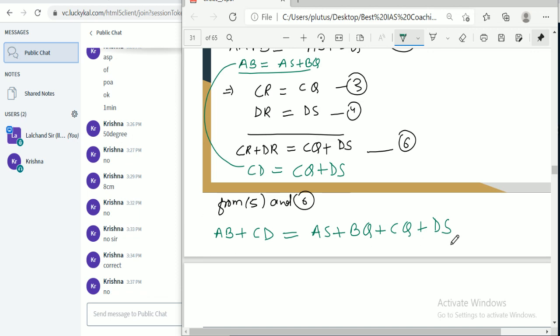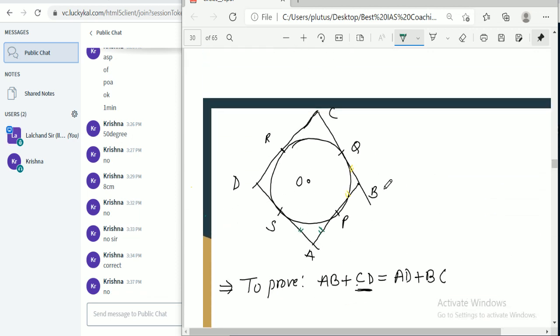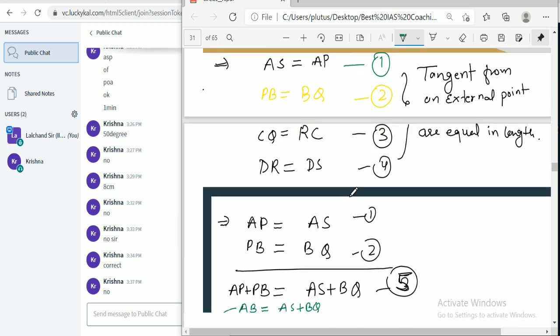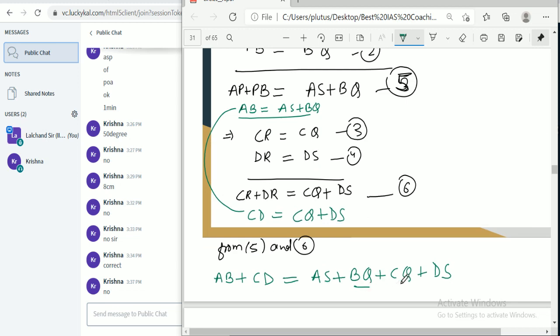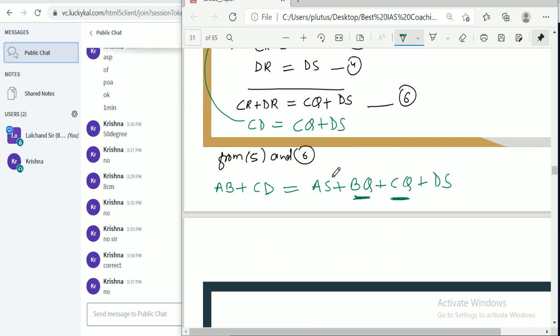If we look at the right hand side, the sum of BQ plus CQ, the sum of these two sides, BQ plus CQ, that is equal to BC, isn't it? So we can write the sum of these two sides is BC.